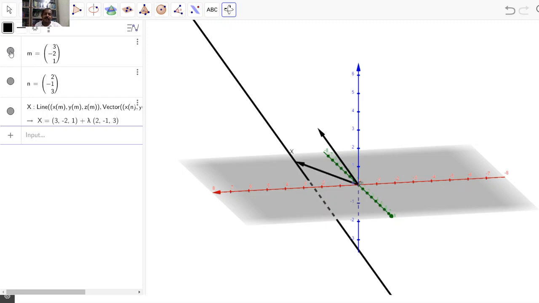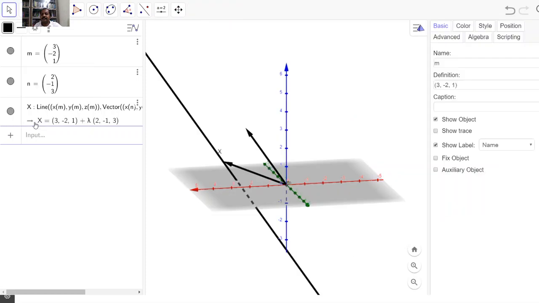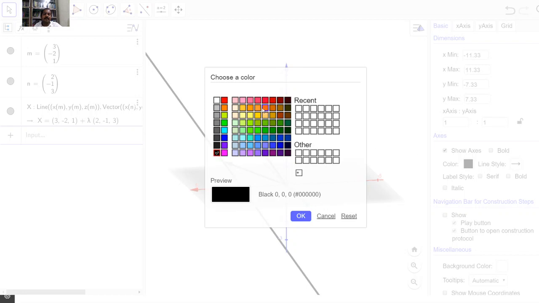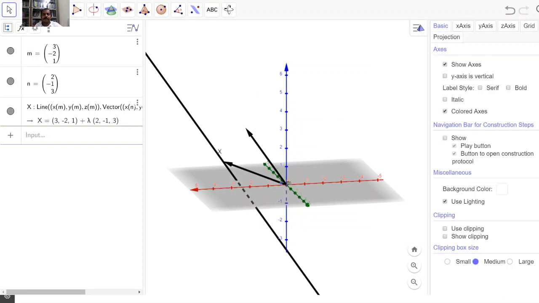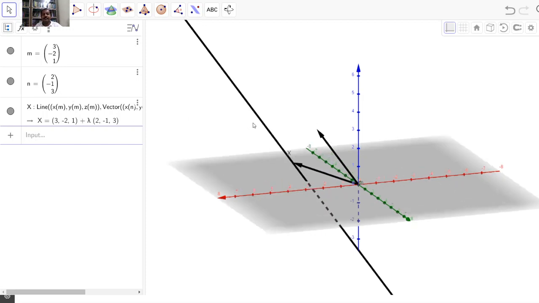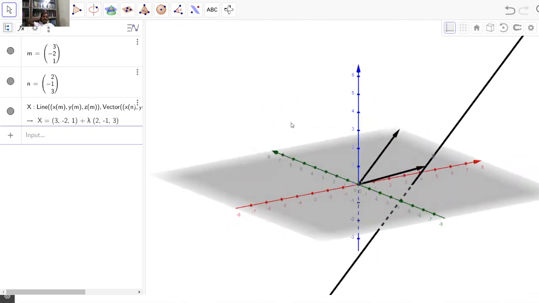So m is the position vector of a point on the line, and n is a vector in the direction of the line L. So this gives the equation, this gives the graph of the line.